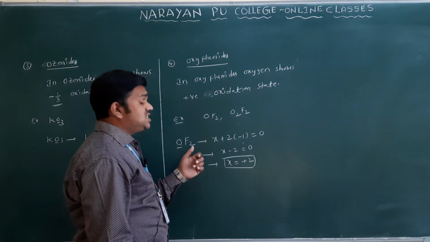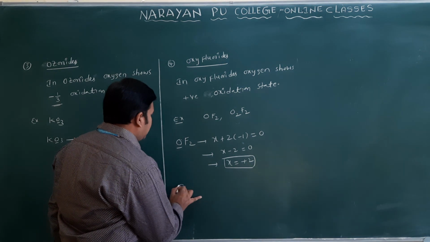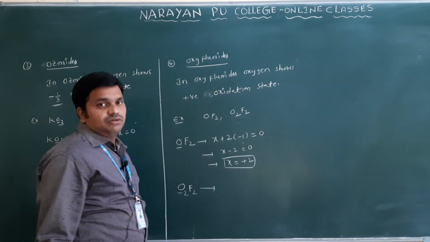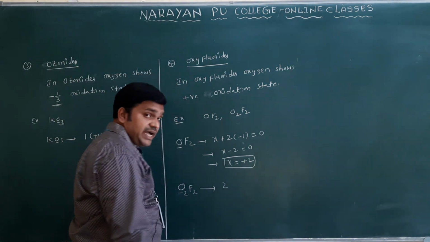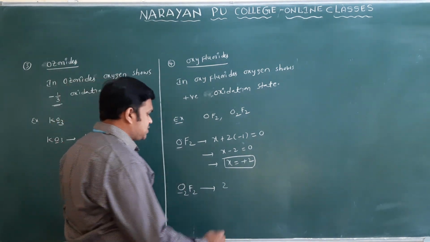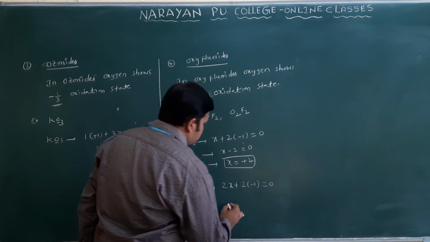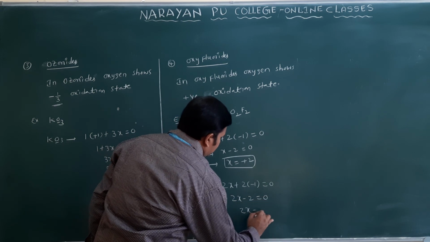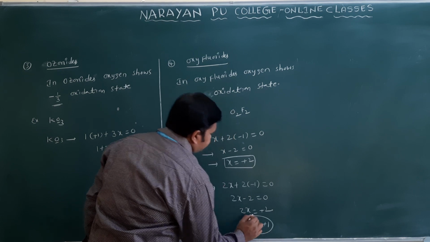So the oxidation state of oxygen in OF2 is plus 2. Take one more example, O2F2. Here also you can find the oxidation state of oxygen. How many oxygens do we have? 2 oxygens. You will write 2x plus 2 into -1 is equal to 0. 2x minus 2 is equal to 0, 2x equal to plus 2, X equal to plus 1.